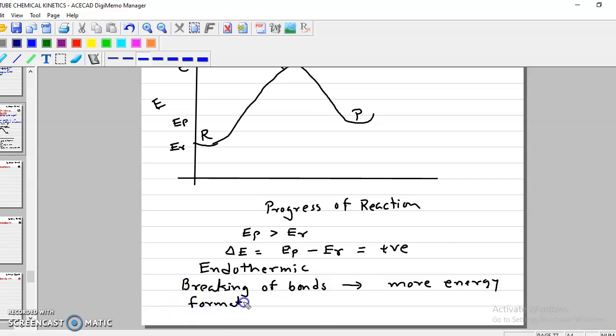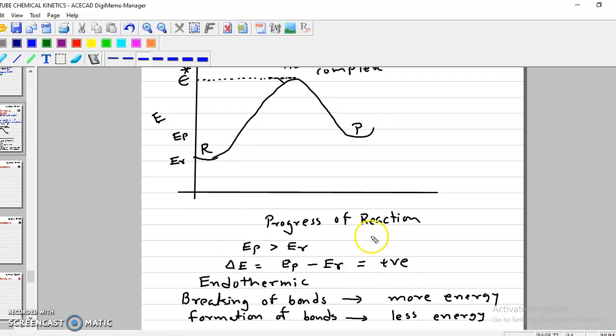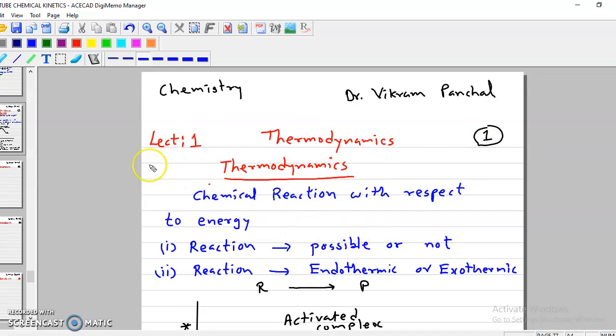So formation of bonds releases a smaller amount of energy, and therefore overall energy is given, and therefore it is an endothermic reaction. For any endothermic reaction, the energy difference is always positive. So this is regarding endothermic reaction.